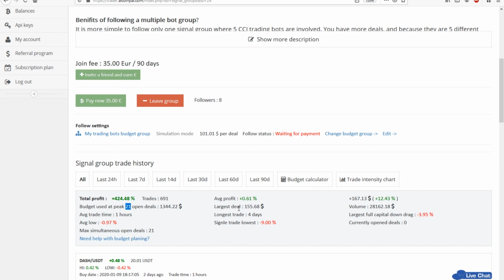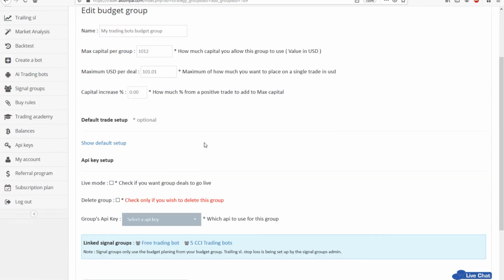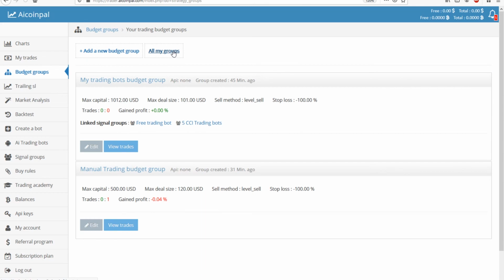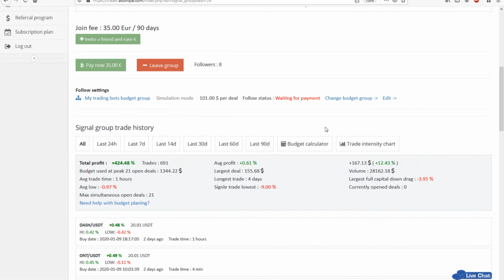Means your budget on a single trade times 10, meaning that if you go back to our budget setup, times 10 will be $1,010. So we need to have, let's say, $1,012 to avoid a little bit of error because of the 0.1. So that's our recommendation, and that's our information about how you can use trading bots.